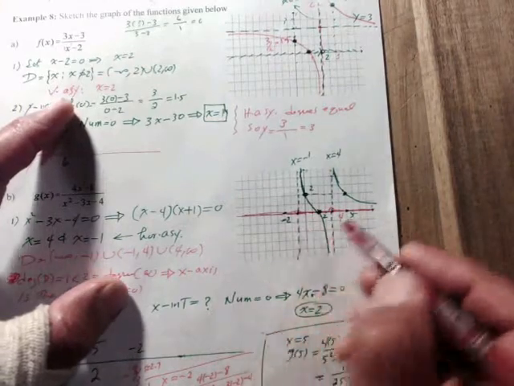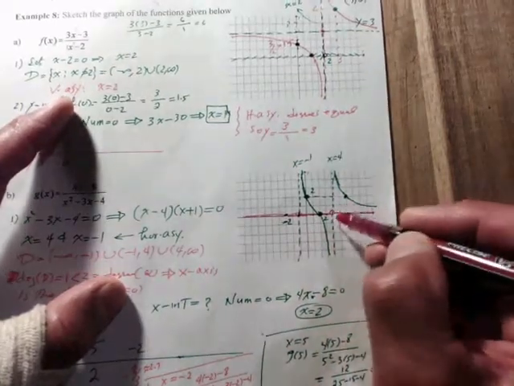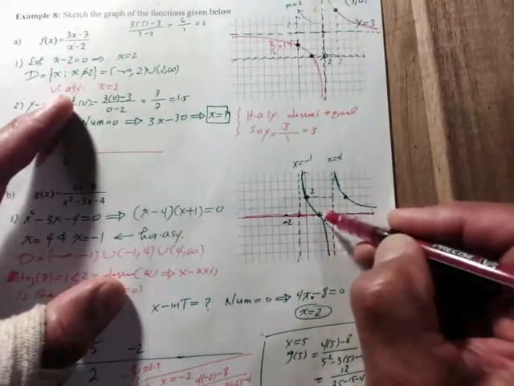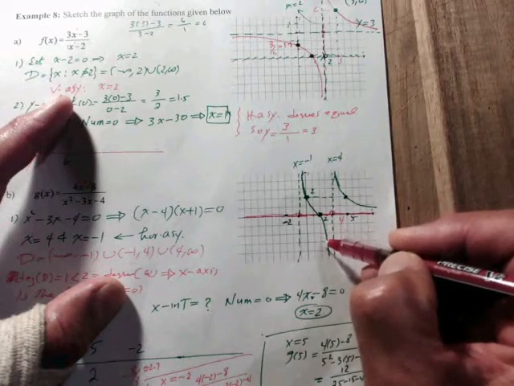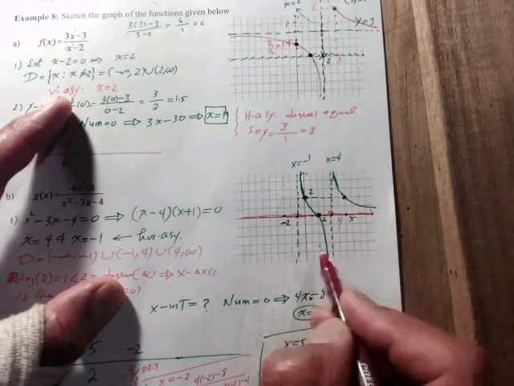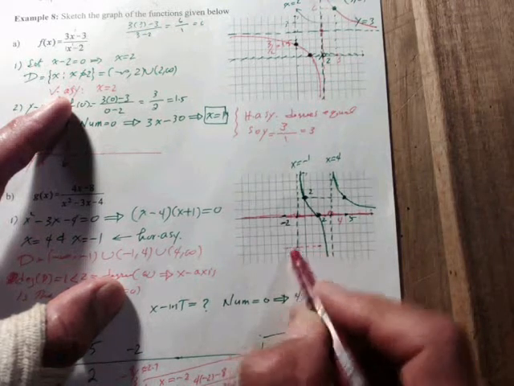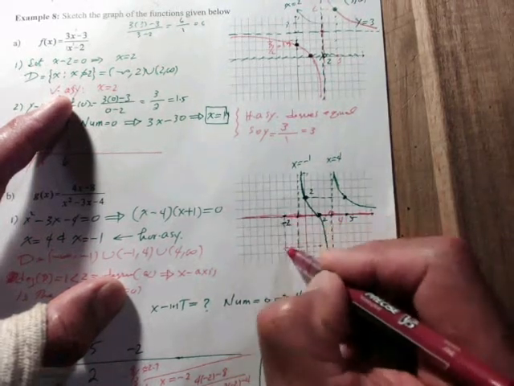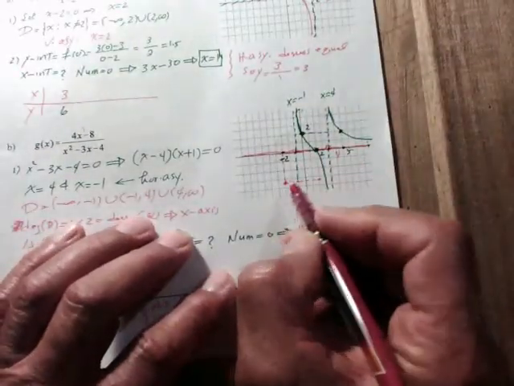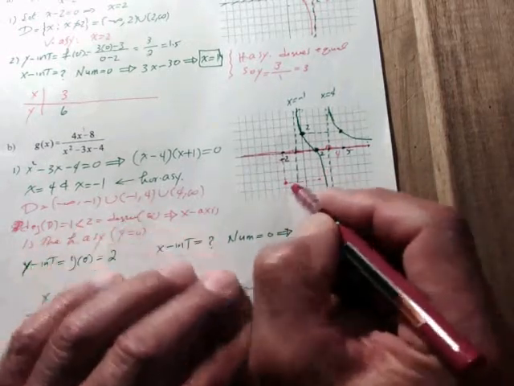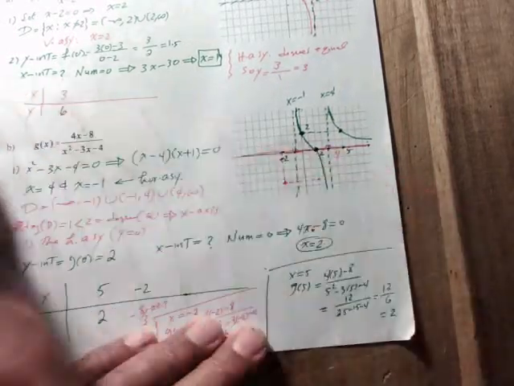This is 2.5, 2.7 is here, so right here, this point. Okay. So the graph goes through this point.